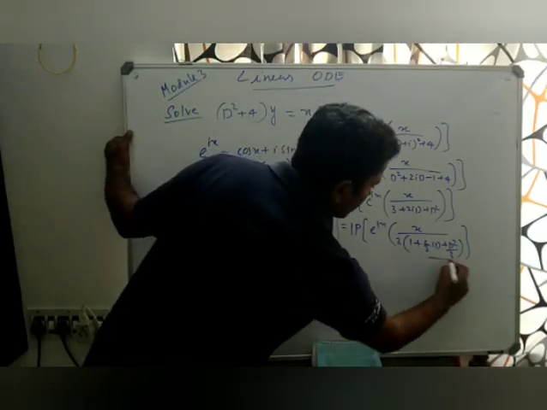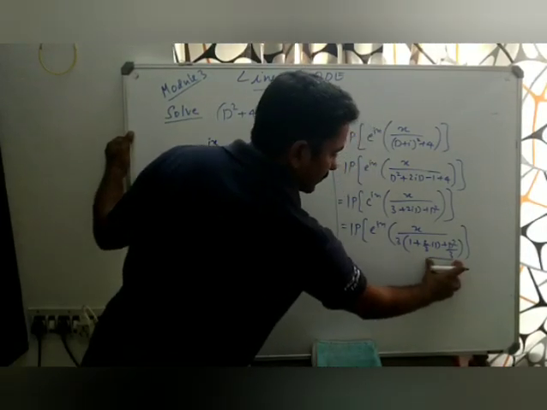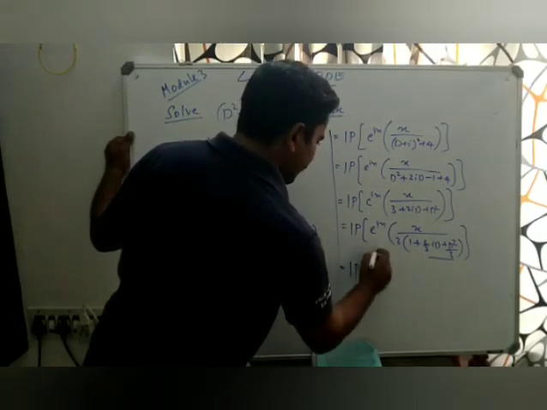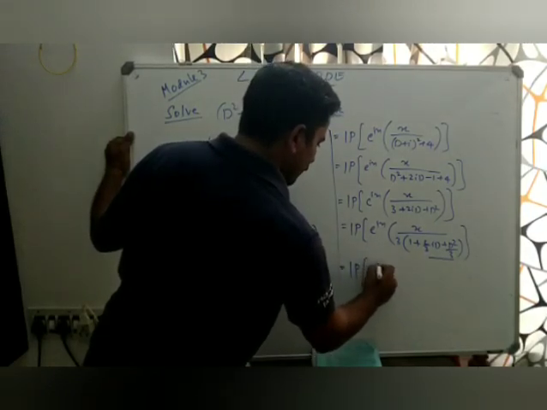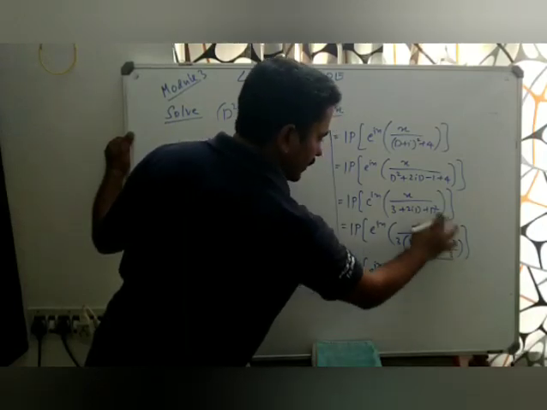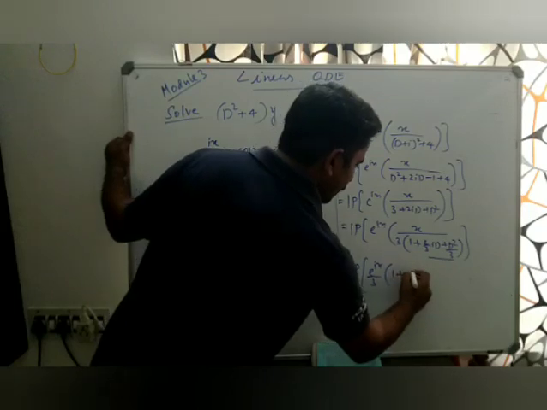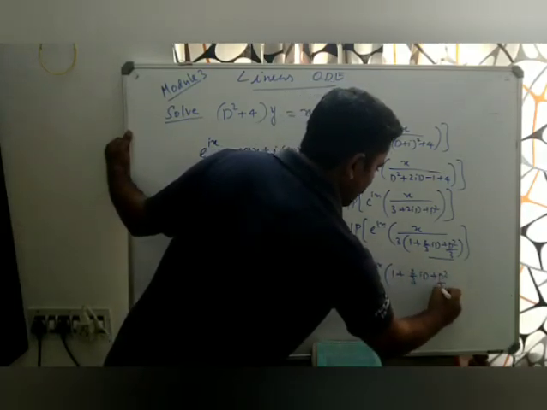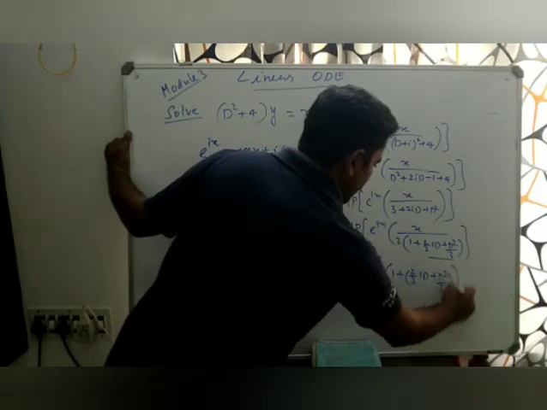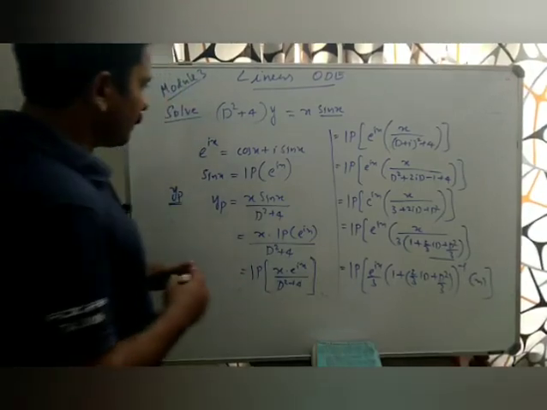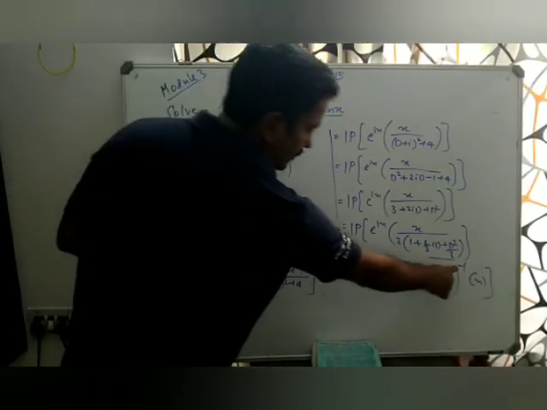Now this is some 1 plus phi of D. You take this one as a single function. Okay, so you'll get imaginary part of e to the power ix over 3 times, write this in the numerator, 1 plus 2 by 3 iD plus D square by 3, the whole raised to minus 1 of x.